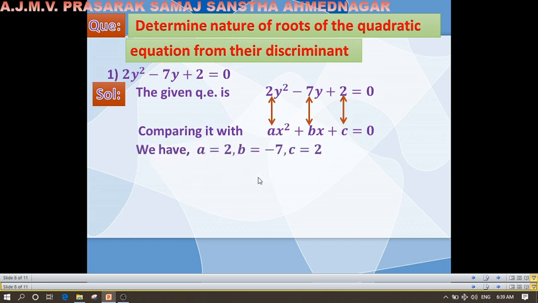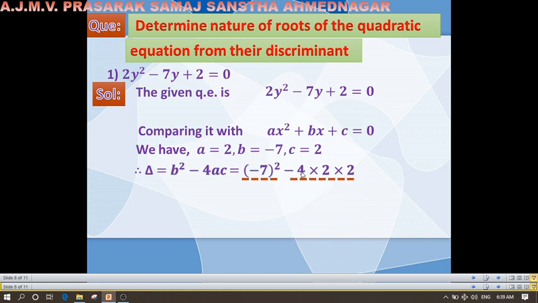Now first of all, find the value of the discriminant. So delta is equal to b square minus 4ac. b is minus 7, so the square of minus 7 is 49, minus 4 as it is, into a into c, means into 2 into 2, so 4 into 2 into 2 is 16.